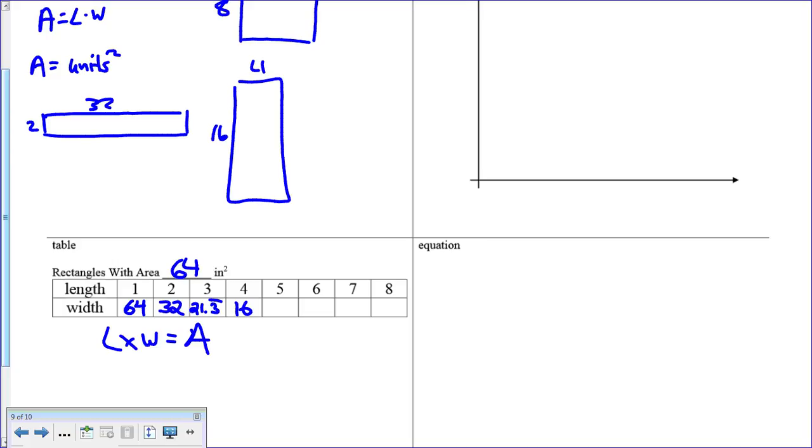What about 5? 12.8, okay. What about 6? We know the last one, obviously. Does 6 go in evenly? No, that's 10.6 repeating. And what about 7? We'll just say 9.1.